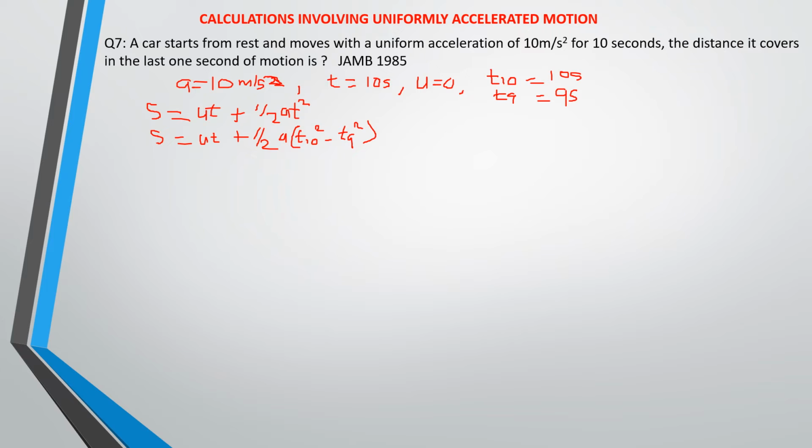Okay, so this is how you write this equation of motion. Now you know that since initial velocity is equal to 0, ut will be equal to 0.